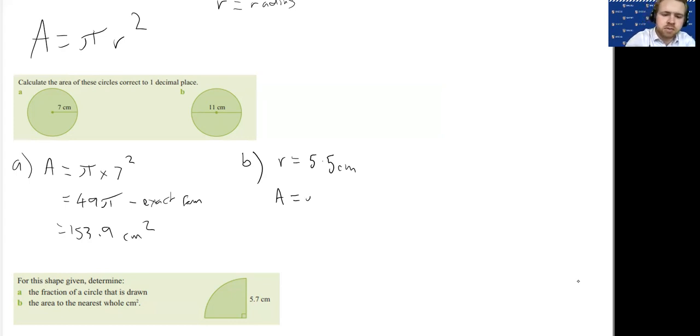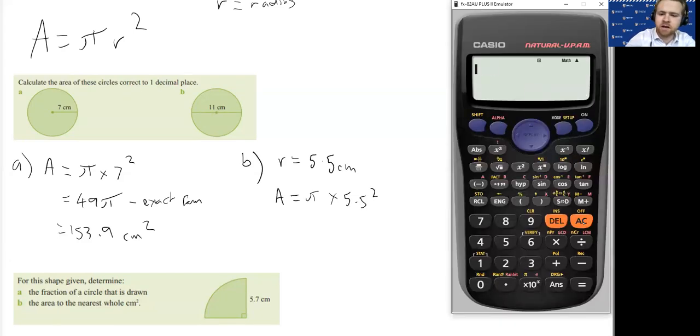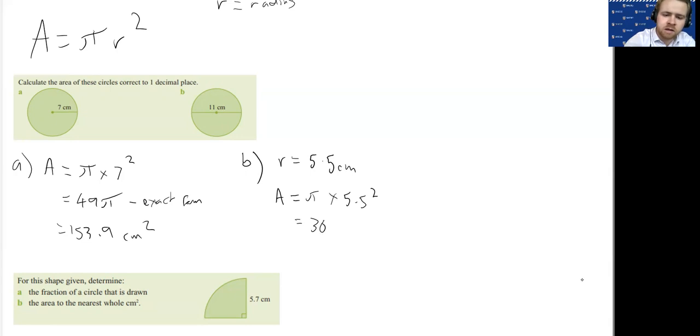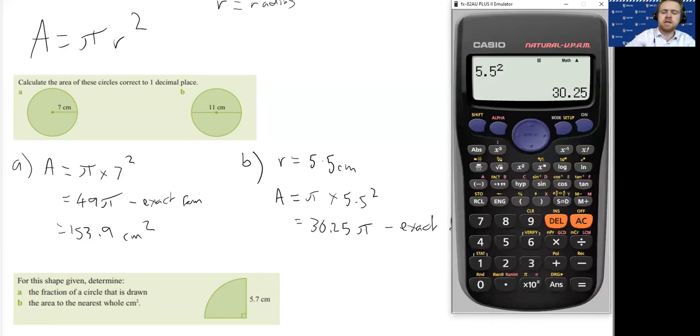So it's going to be pi times 5.5 squared. Now if I do just 5.5 squared, 30.25, then I can get my exact area. Again, I'm just going to write exact form so that you're aware of what to do. And if your question asks for the exact form, you stop there.